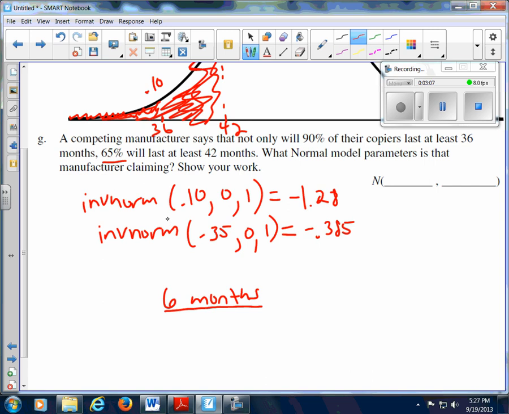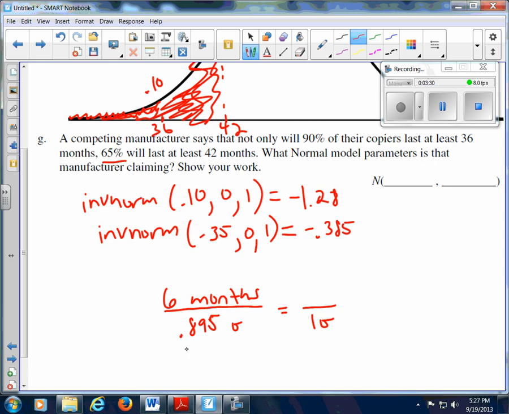Now how much is the difference in my z-scores? If I take my z-scores and subtract them from each other, I'm going to get a difference of 0.895. So 6 months is equivalent to 0.895 standard deviations. Well, how do I get one standard deviation? I divide the two.